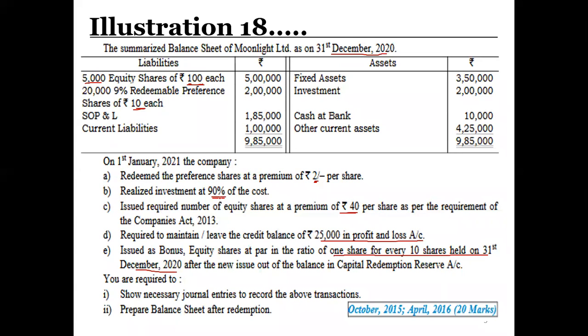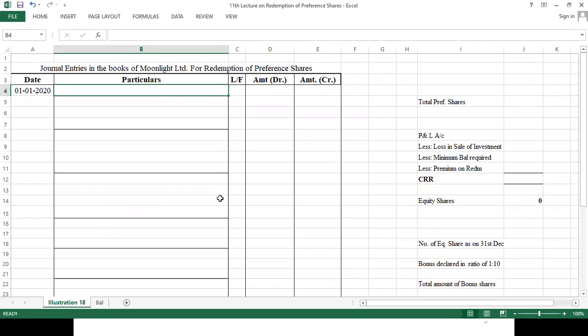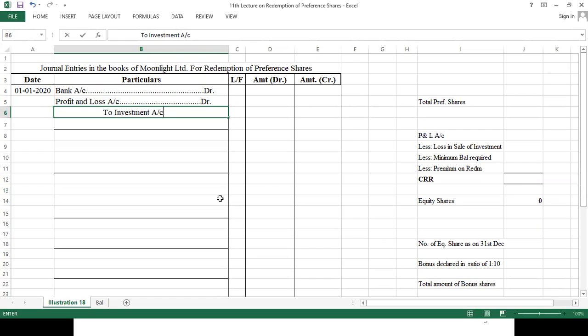That means we are making a 10% loss. So look here: bank account debited, and since we are making a loss, profit and loss account debited, to investment account.